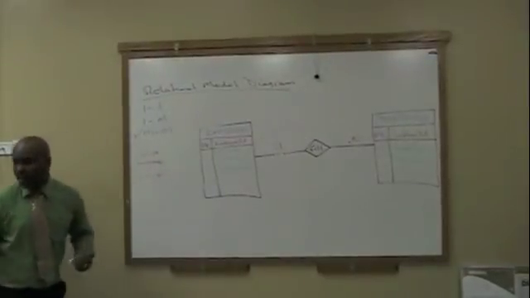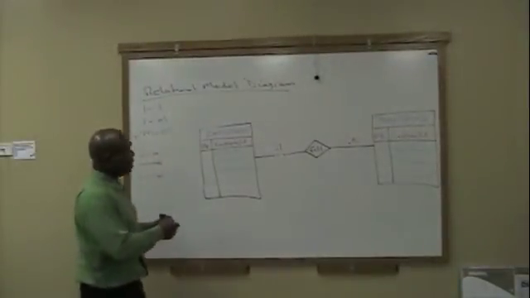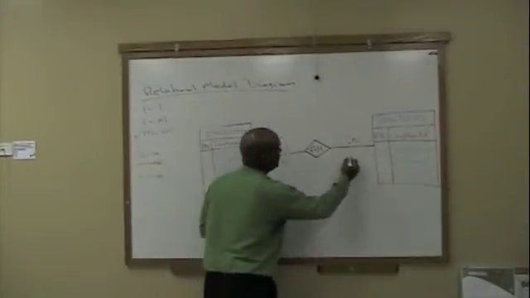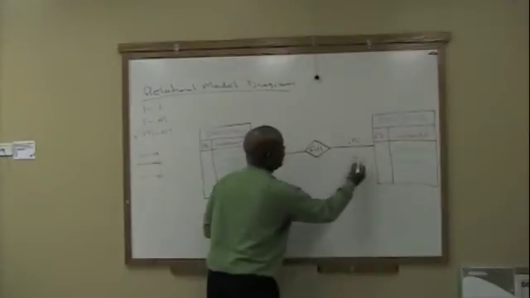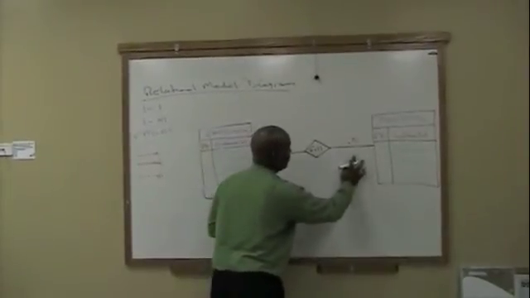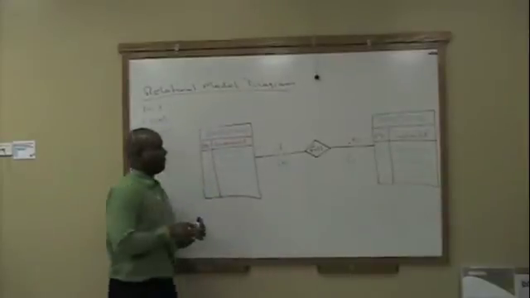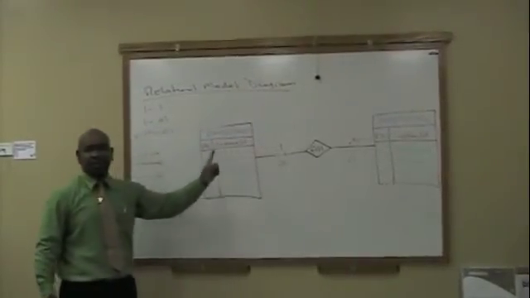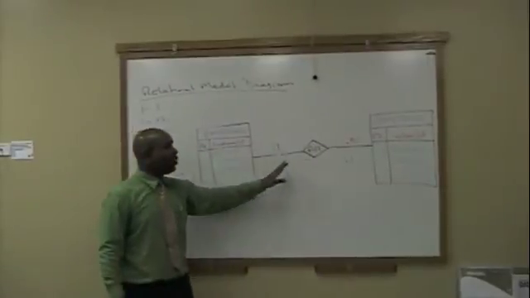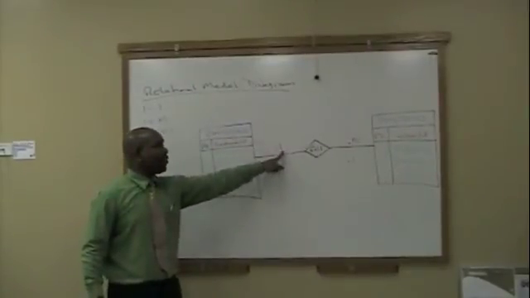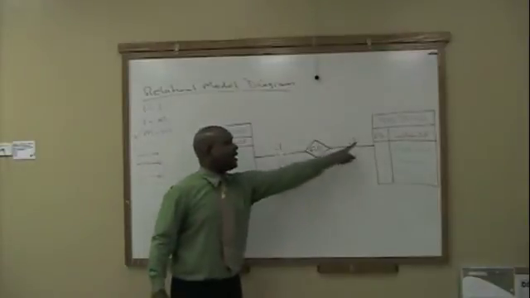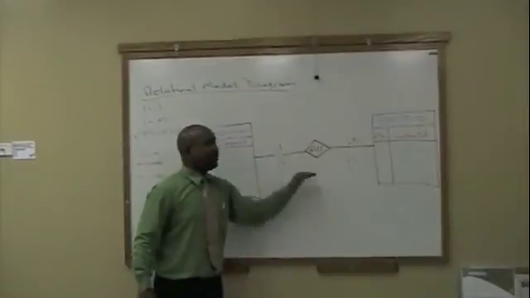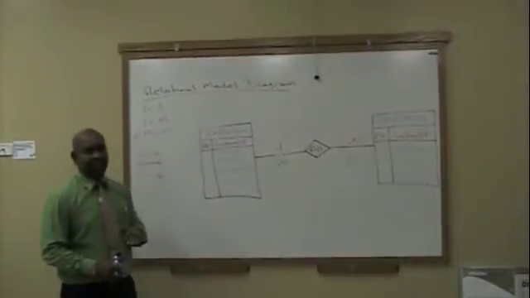Alternatively, it can work the other way around, where we have n and we have 1. Previously, we had two n's on both sides to represent many-to-many. Now, to represent the one-to-many, there's a cardinality of 1 on one end and a cardinality of n on the other end. And it can also be reversed. Either instance gives us a one-to-many relationship.